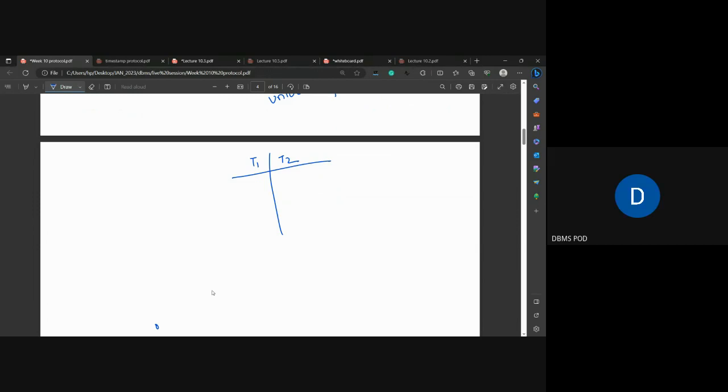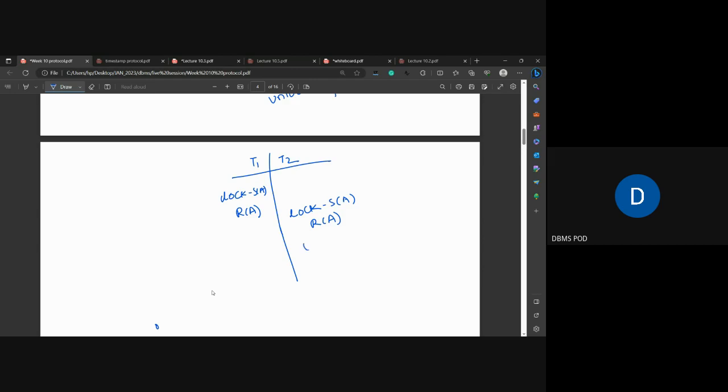Suppose there is a shared lock. In T1 we are reading the data item, then in T2 we are again shared locking A and reading again. Now, if the T1 transaction wants to write, we have to unlock both locks and then write.